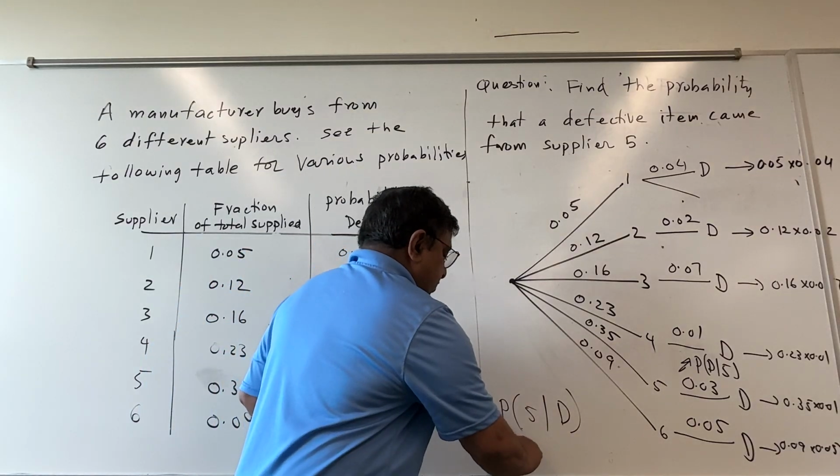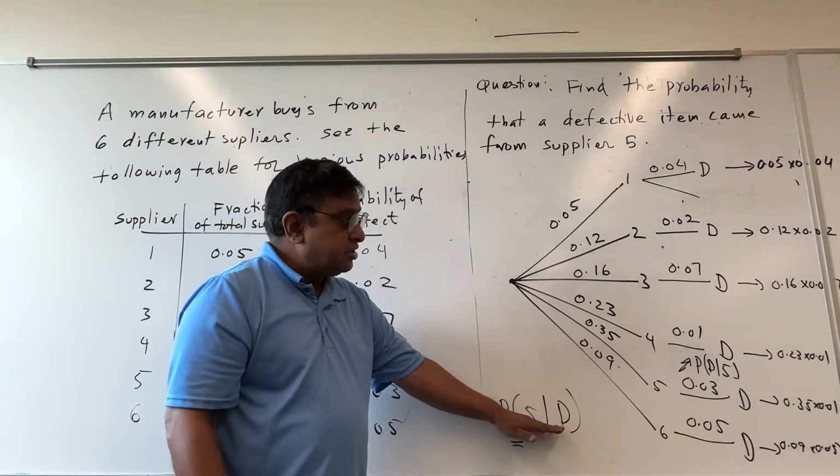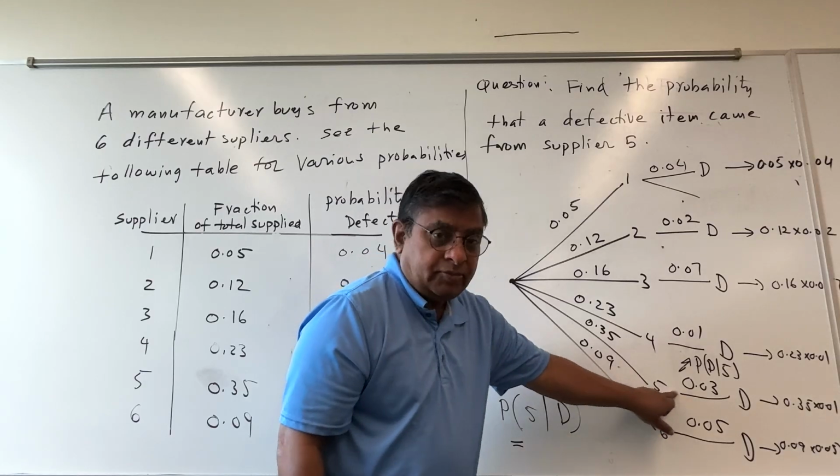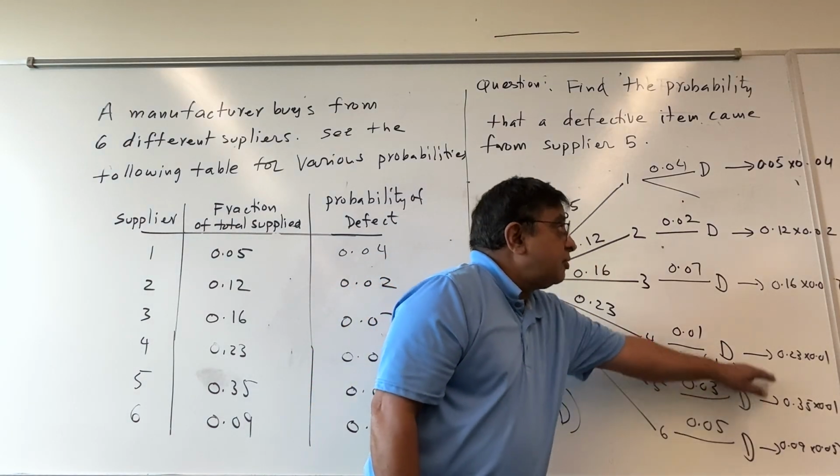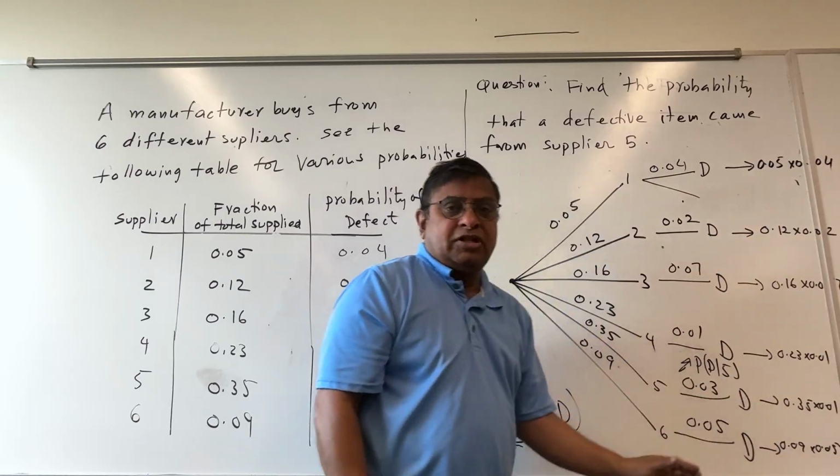So what's the Bayes theorem here? To compute this number, that path probability should be on the top, and the sum of all 6 should be in the bottom.